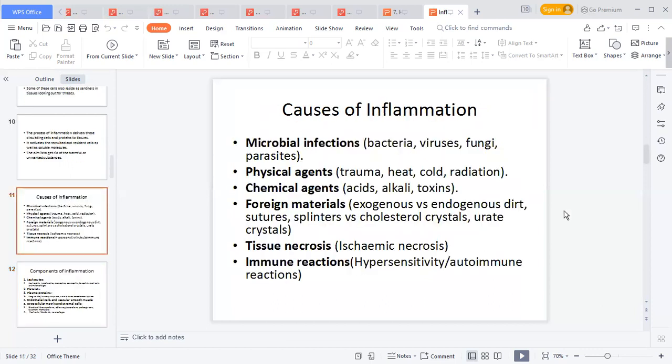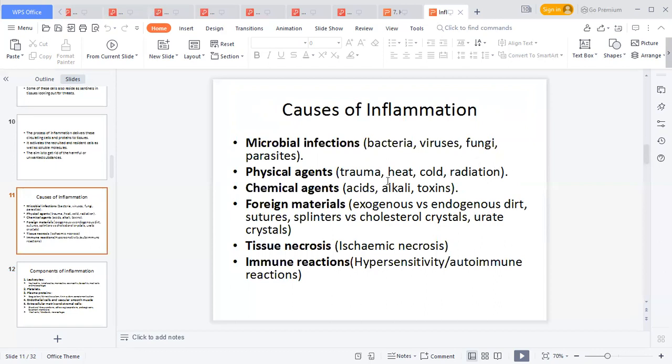So what are the causes of inflammation? We have microbial agents: bacteria, viruses, fungi, parasites. We have physical agents: trauma, heat, cold, radiation. All these can lead to inflammation, and the body responds in the same way.